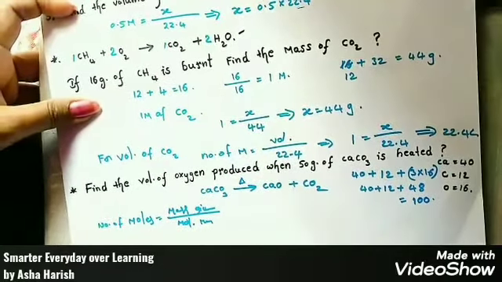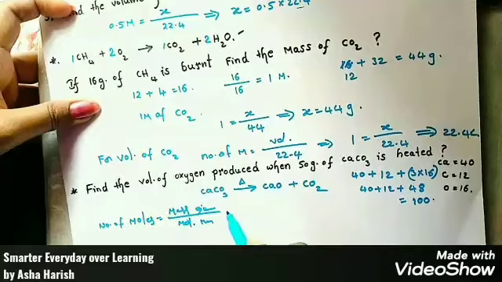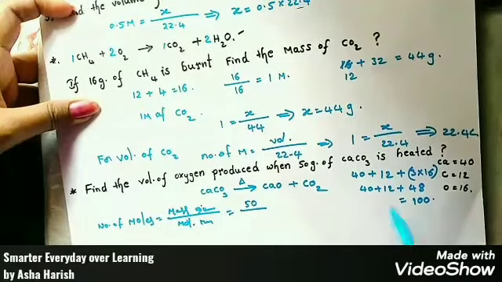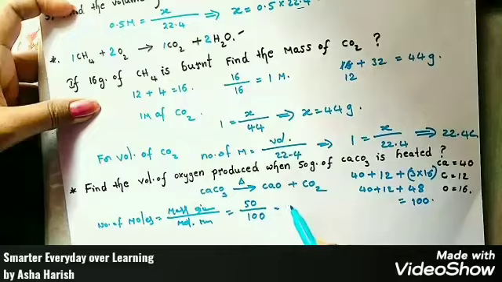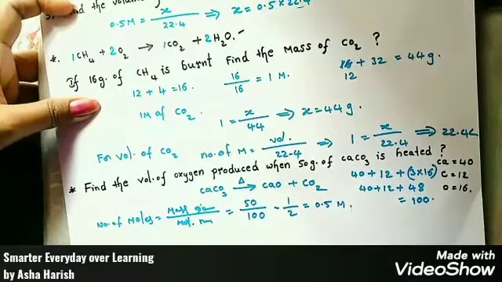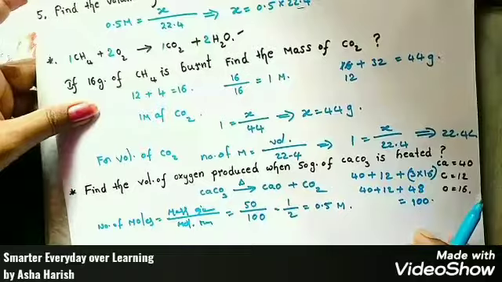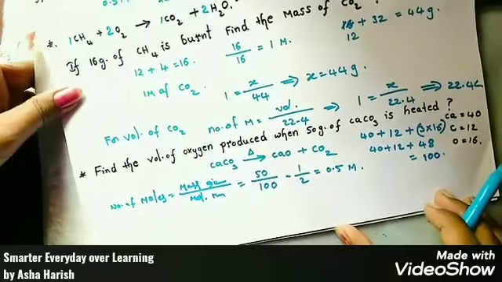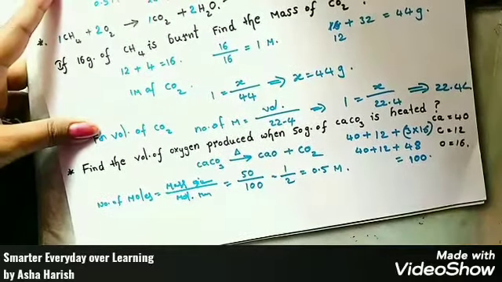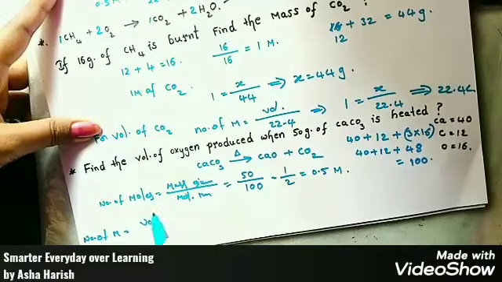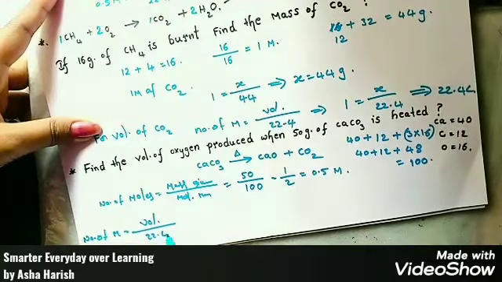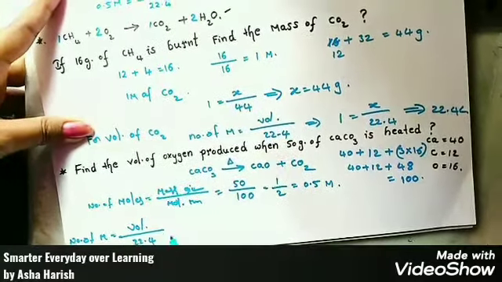So students, the mass given is 50 grams, and the molecular mass what we have found here is 100, students. Then finally 1 by 2, that is 0.5 mole, students. This is for calcium carbonate. And students, basing upon the second formula, number of moles you have to find out. Volume given by standard volume 22.4 you should take.